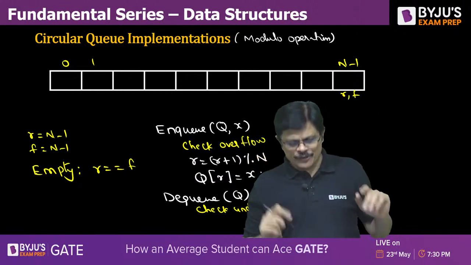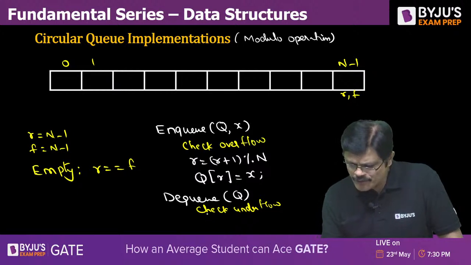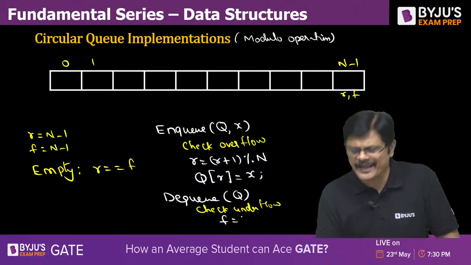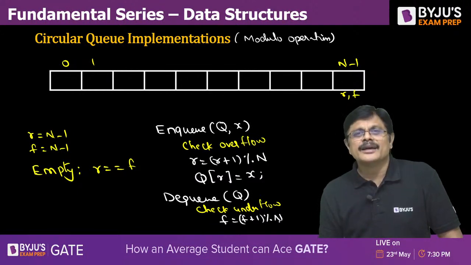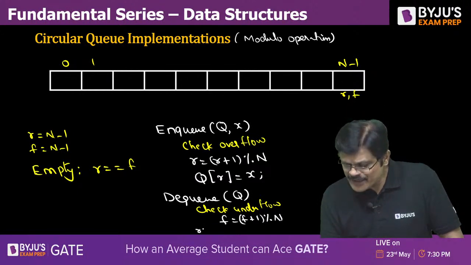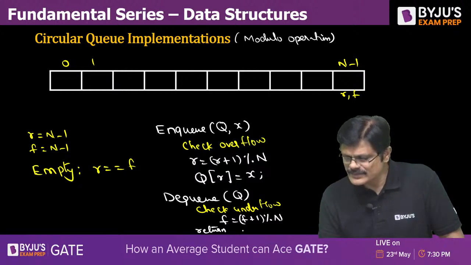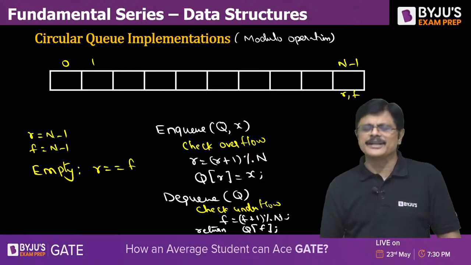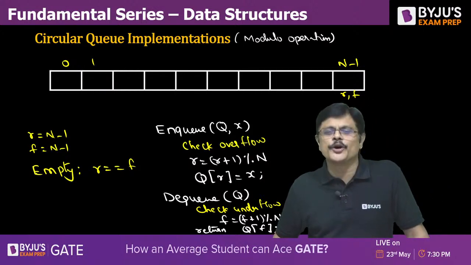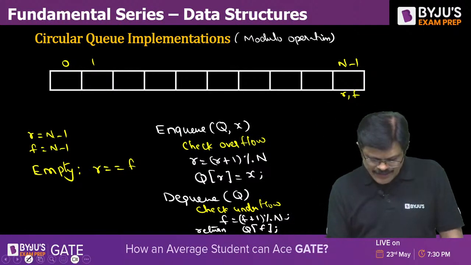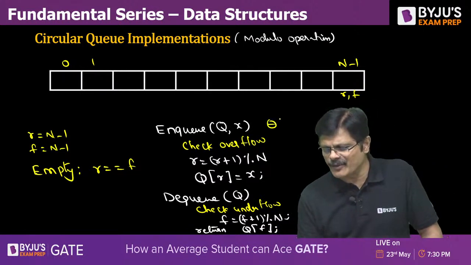That is the point to be noted. First you increment front, the same way as you did for rear, front plus 1 modulo n. Then you return the value at the front. That is the DQ operation, and both NQ and DQ operations can be done in theta one time.